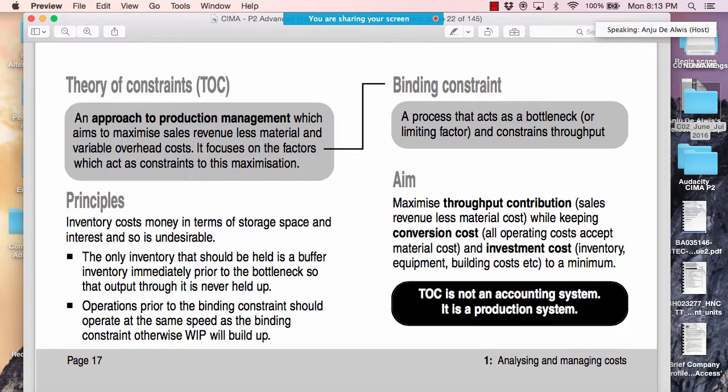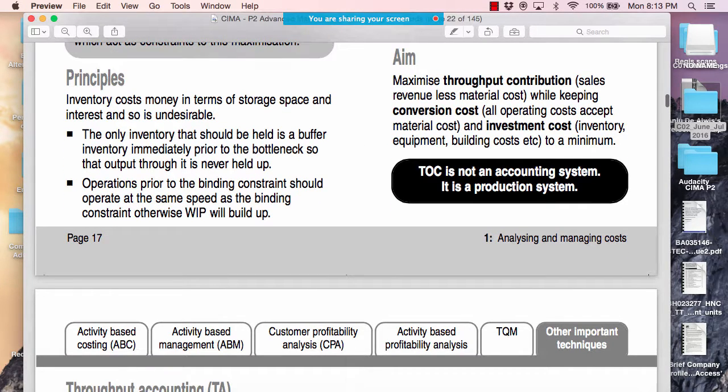Right, but they're looking at the variable overhead cost here as well. It focuses on factors which act as constraints to its maximization. So it could be either a machine, or like you said, Elaine, it could be labor as well. What is the constraint? And throughput accounting? Any ideas? How do you explain this one?